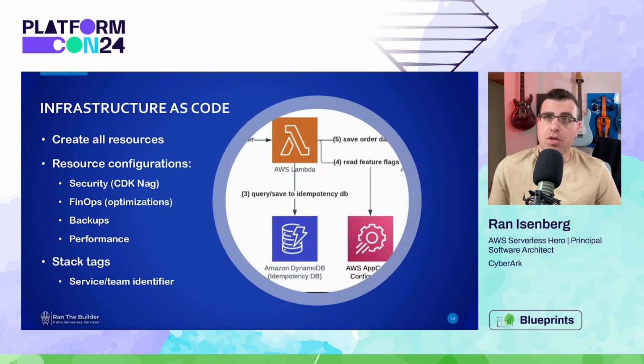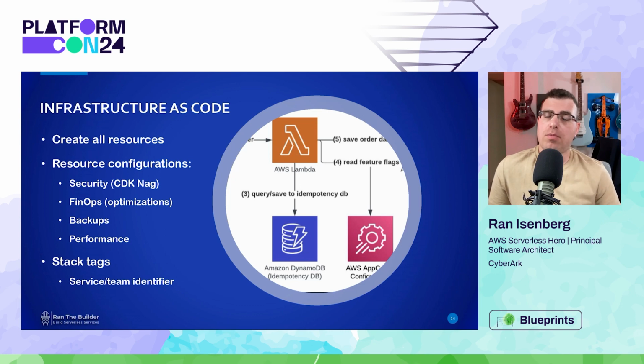Now, the infra as code not only creates all the resources, it has important resource configurations. It starts with security, with tools like CDK that scan your CloudFormation template for misconfigurations for security reasons. You have FinOps optimizations. Maybe in dev accounts you want a smaller machine for OpenSearch, and in production a much more powerful machine.